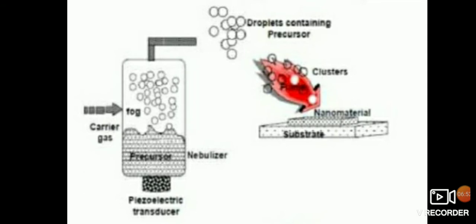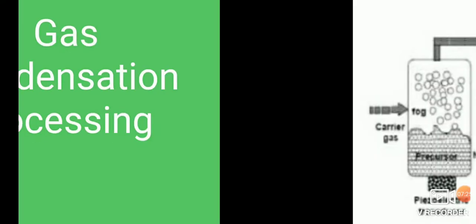A key for the formation of nanoparticles with narrow size distributions is exact control of the flames in order to obtain a flat flame front. Under these conditions, the thermal history, that is, time and temperature, of each particle formed is identical and narrowly distributed. However, due to the oxidative atmosphere in the flame, this synthesis process is limited to the formation of oxides in the reactor zone. The next one is gas condensation processing.